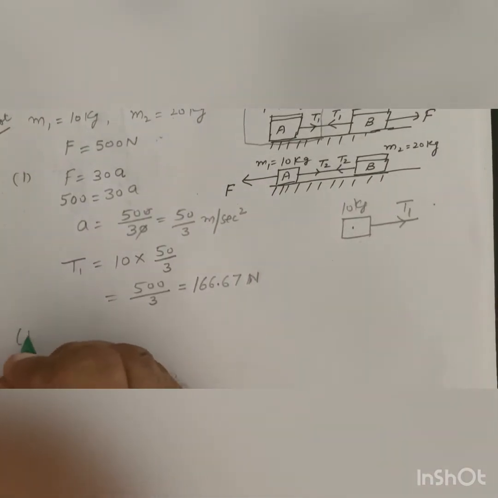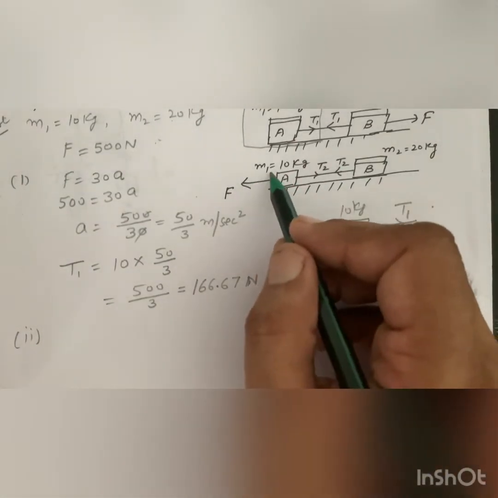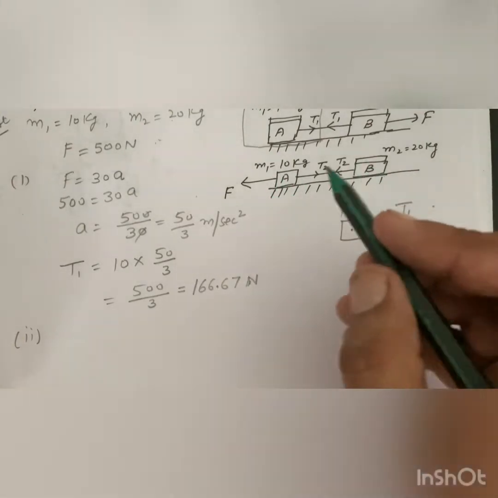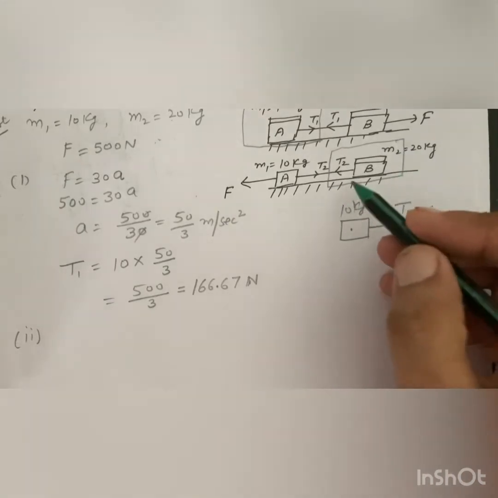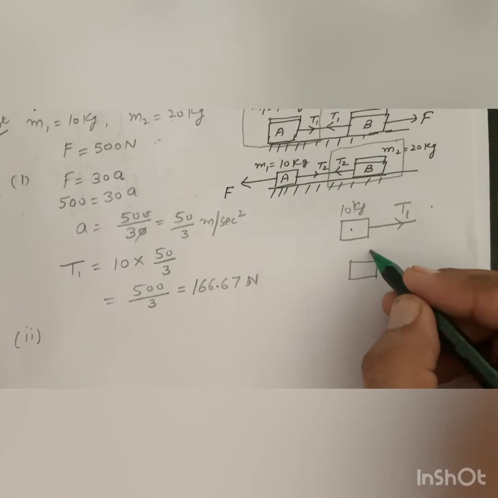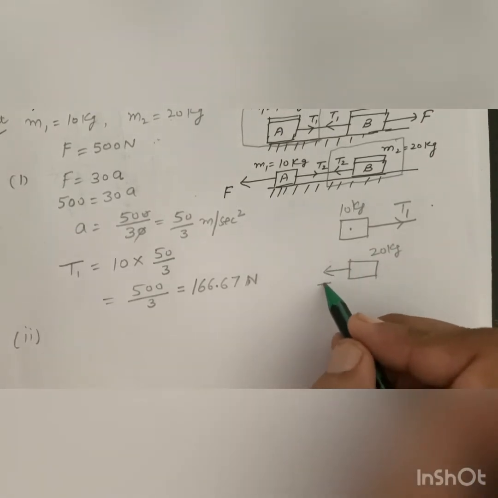Second case, when we apply force to the 10 kilogram mass. Here we take this mass, only one force is acting, that is T2. Here mass is 20 kilogram and force acting is T2.